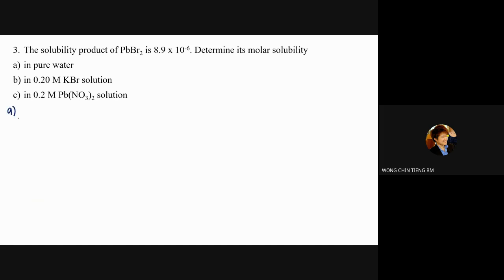Why I ask for the A and B first? Because I want you to compare the solubility, the molar solubility that you calculate, the X over there. Siapa patut lebih kecil, siapa patut lebih besar. Tengok yang tu. Okay.